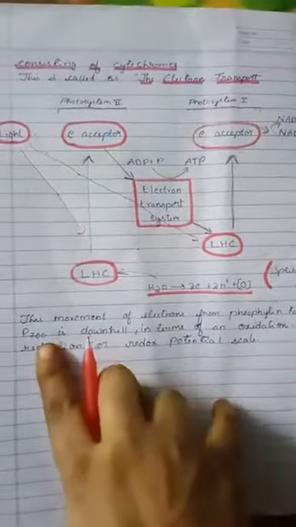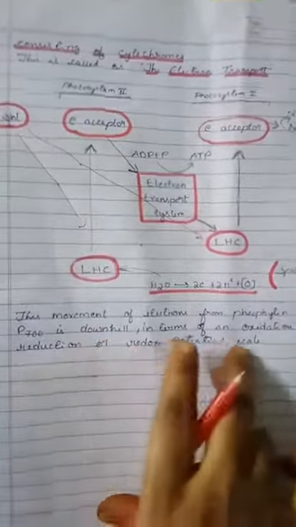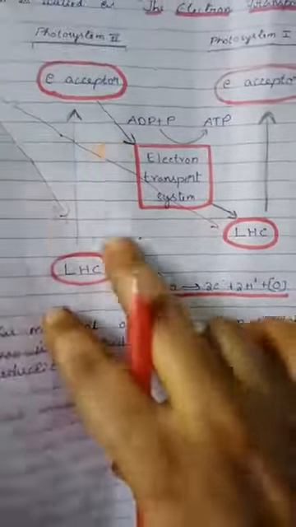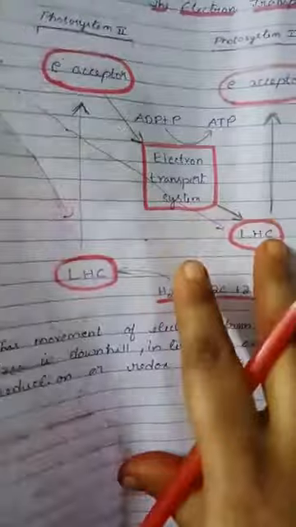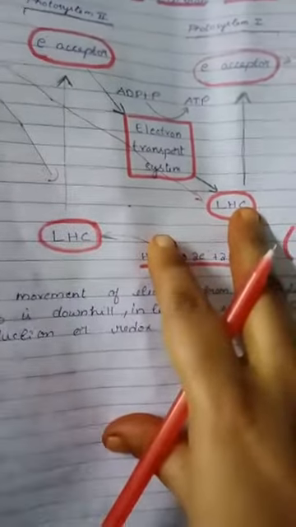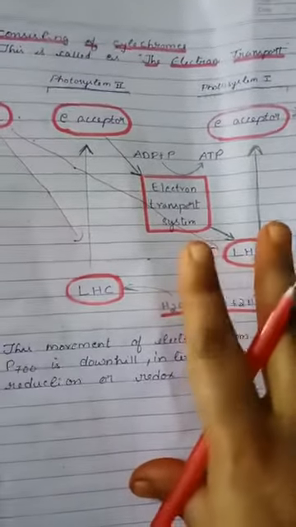So the movement of electrons from photosystem 2, that is P700, is downhill in terms of the oxidation reduction or reduction potential scale. Children, this is a small topic just to understand what is happening in the light reaction. You can understand.